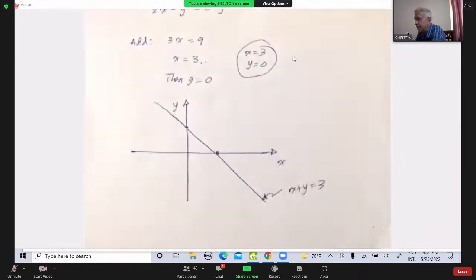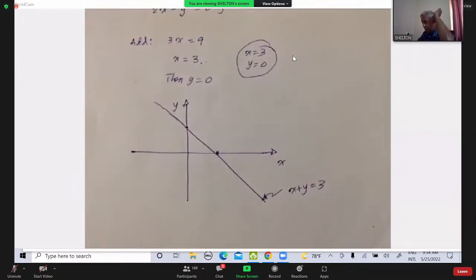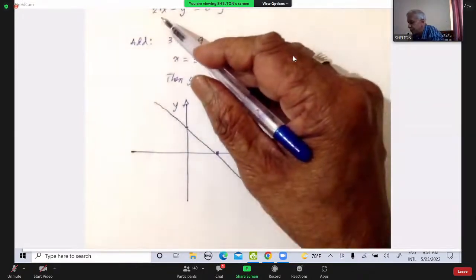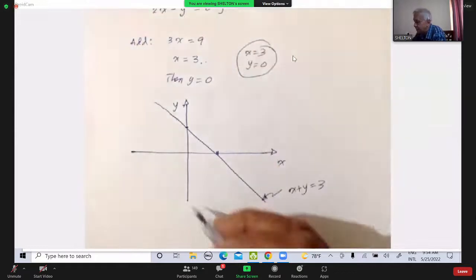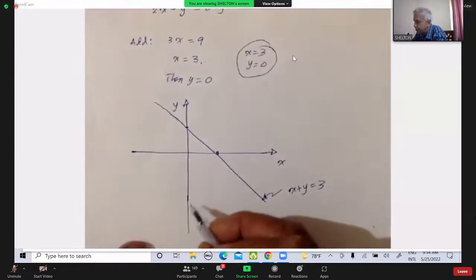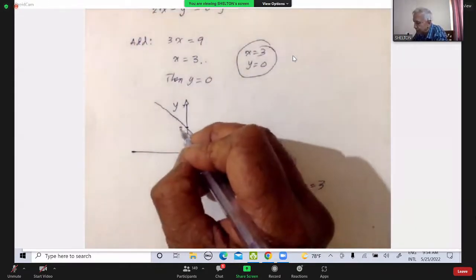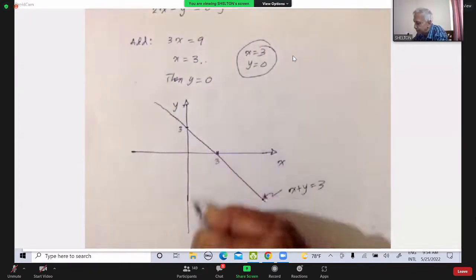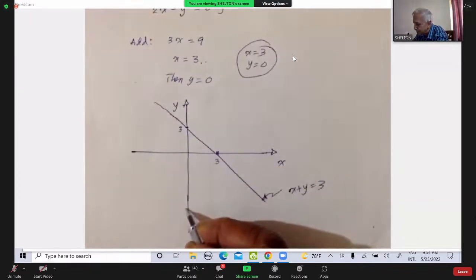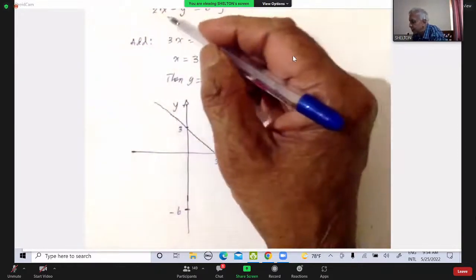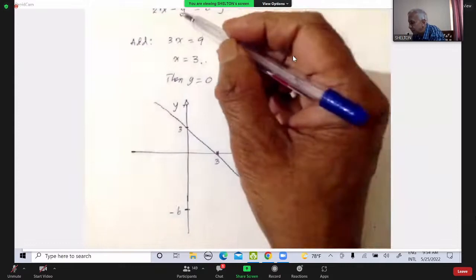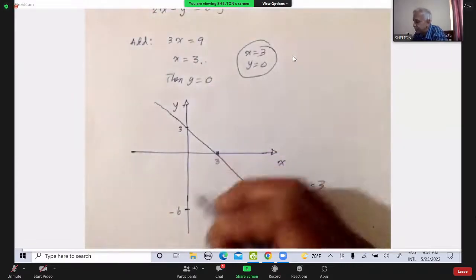Now draw the other line, 2x minus y equals 6. When x is equal to 0, y is minus 6. So this is 3 here, 3 here, and y is minus 6 somewhere here. When y is 0, x is 3. That is this point.